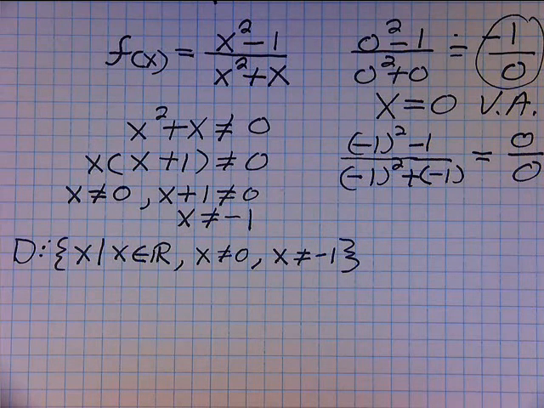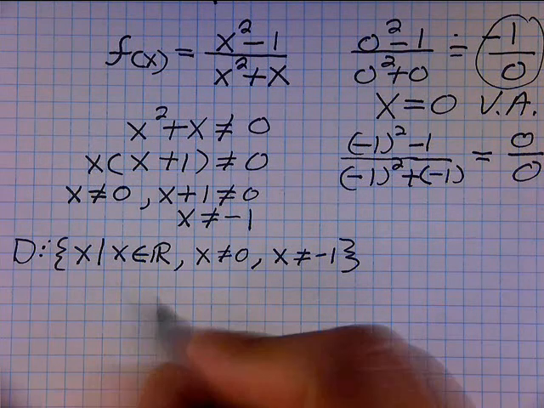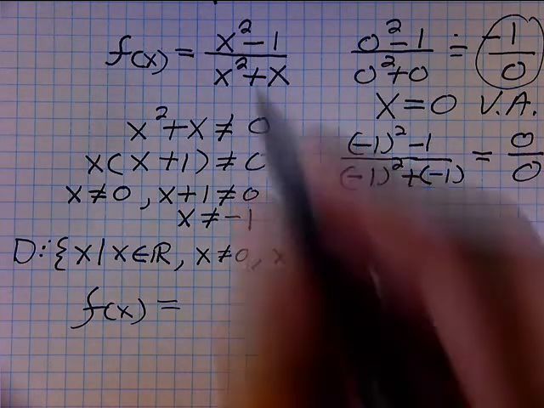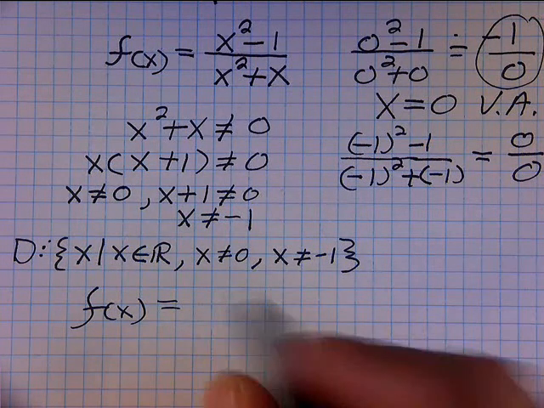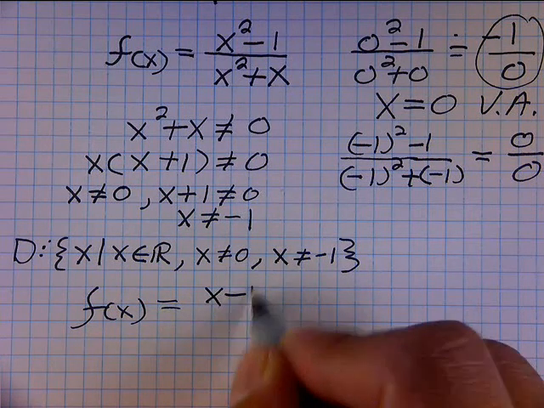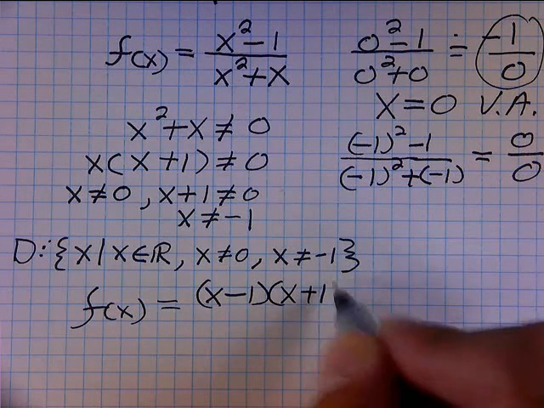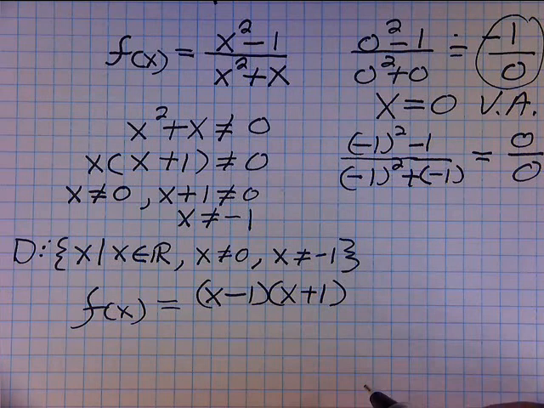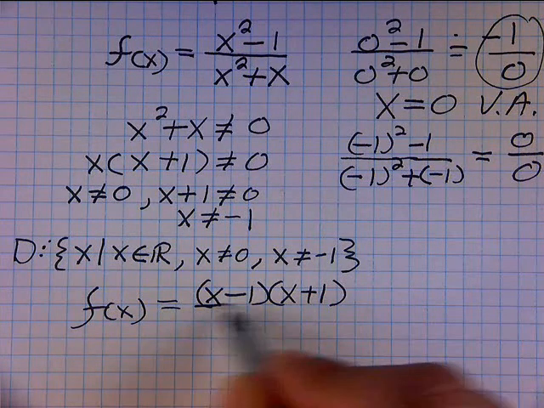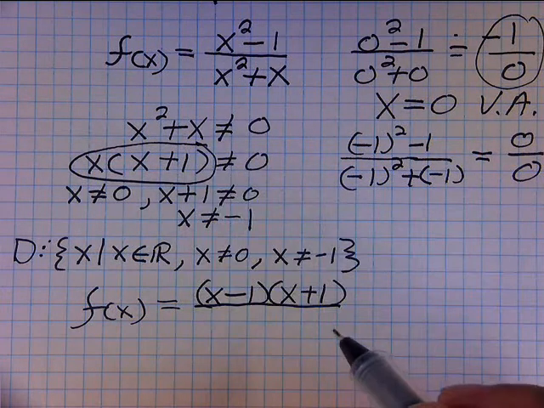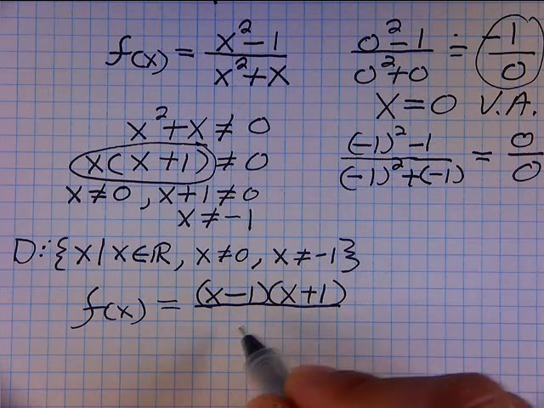There's a reason why this does not produce a vertical asymptote, because this tells me that I could have reduced my fraction. If you will notice, f of x on top is x squared minus 1. That can be factored to x minus 1 times x plus 1, because that's a difference of perfect squares. On the bottom, we already factored it here.